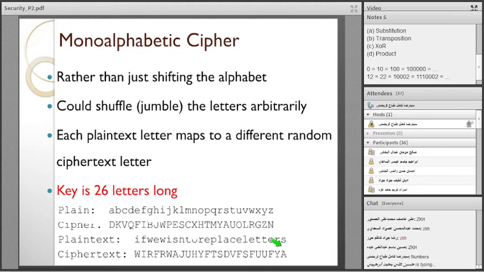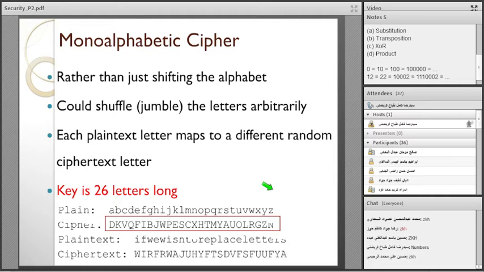So the key is this one. We use the whole characters and the key is this one. So when we say that A is D, there is no guarantee that L, for example, is again the next one. L can be S.